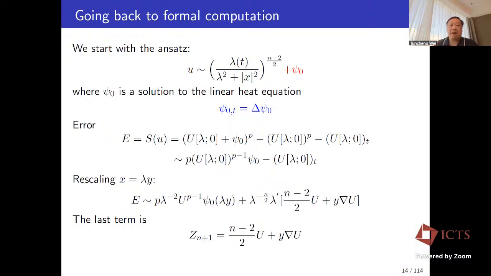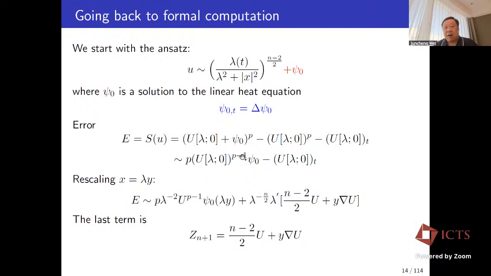Okay. So we go back to the ansatz we did yesterday. We take the Aubin-Talenti bubble plus a solution to the linear heat equation, and we compute the error. And the error we computed yesterday consists of two parts. The first part, which is the heat equation, is the heat initial data.